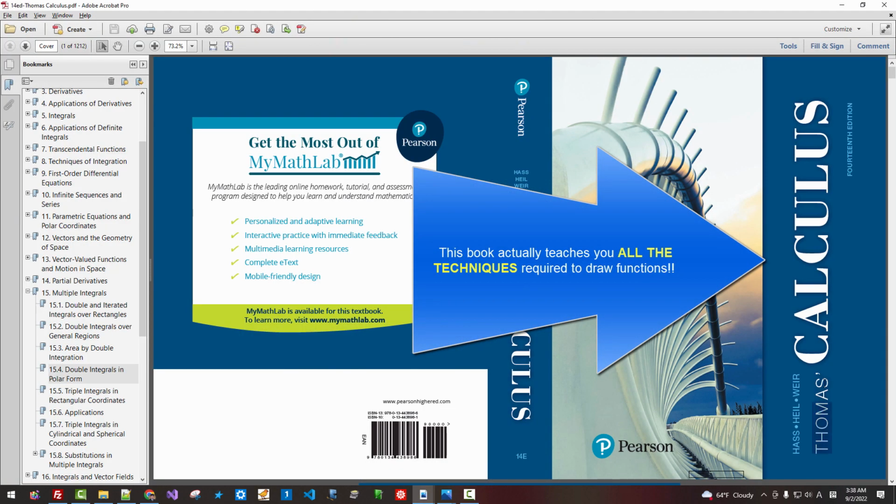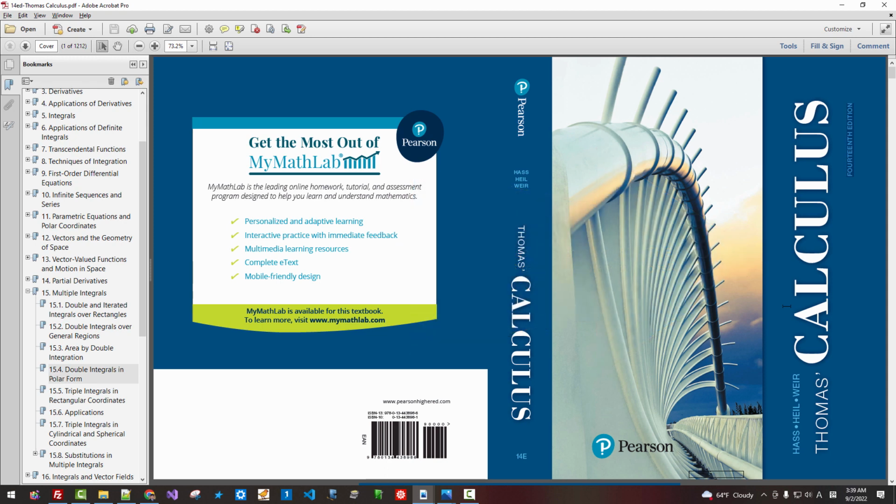This book, Thomas' Calculus, 14th edition, teaches you all kinds of function drawing techniques. If you study this book properly, you actually don't need to rely on calculators to draw graphics because this book teaches all the technology for drawing graphics.